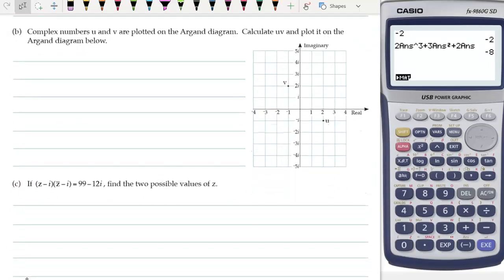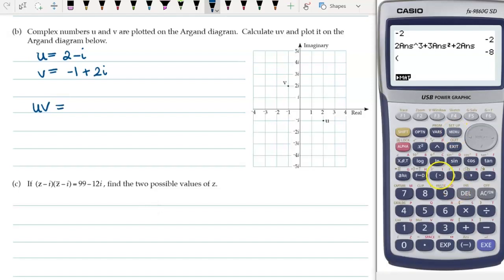B, we have u and v on the Argand diagram. u is 2 minus i, v is minus 1 plus 2i, and we want to work out uv. Well, let's not hurt ourselves with doing any extra work than we need to, so let's pop that into the calculator. So (2 minus i) times (minus 1 plus 2i).